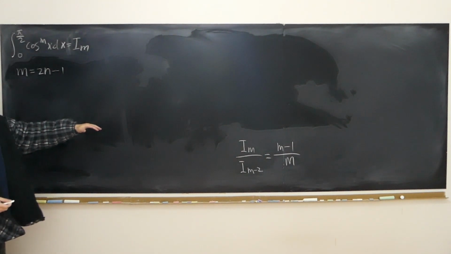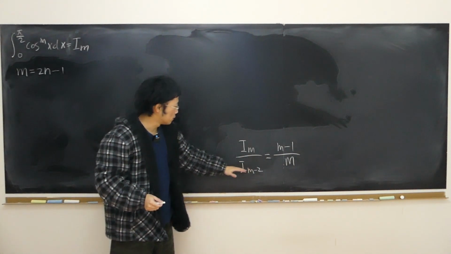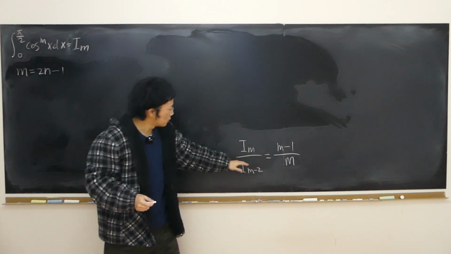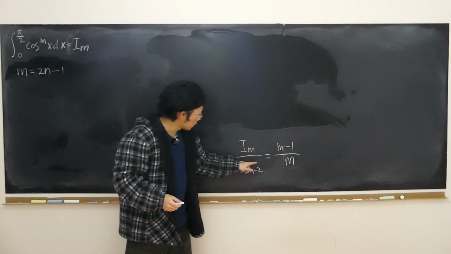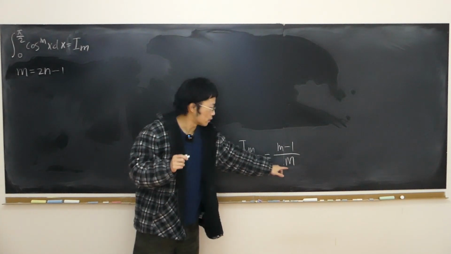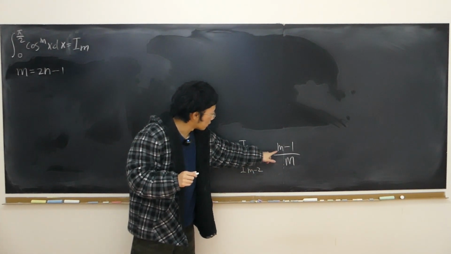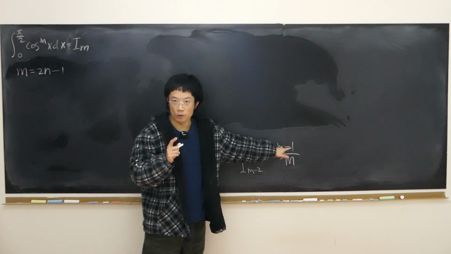In that case, we can see there is a pattern here. For the subscript m up here, we have m at the denominator, and the numerator is decreased by exactly 1.